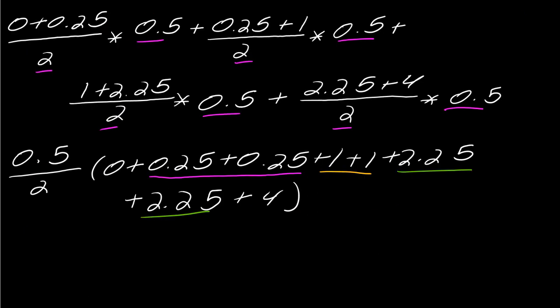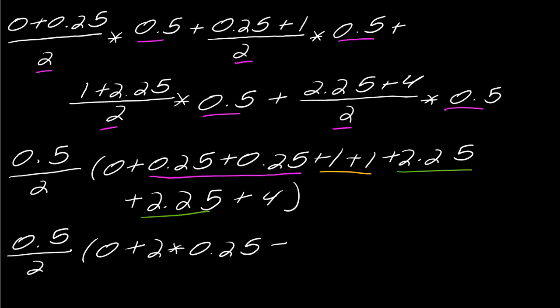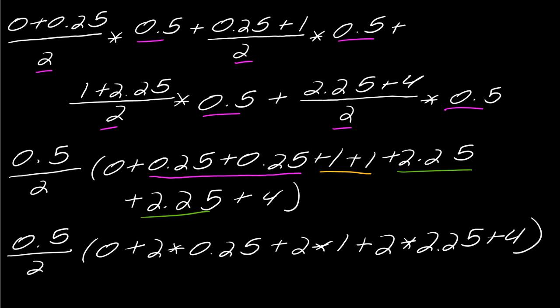So if I rewrite this one more time, this is 0.5 divided by 2, 0 plus 2 times 0.25 plus 2 times 1 plus 2 times 2.25 plus 4. So there's kind of like the shortest way I could write this whole expression, right?